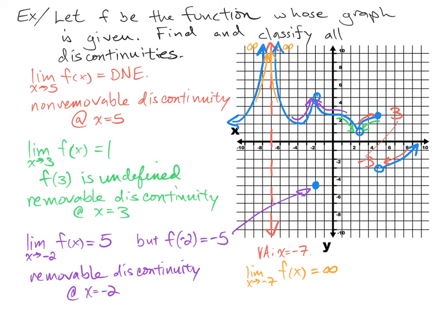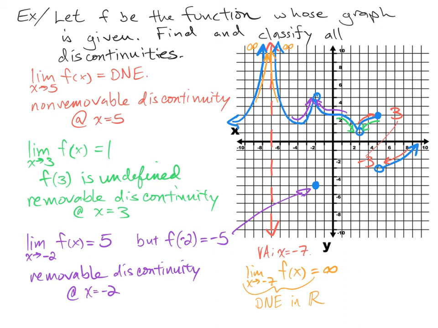And the definition of does not exist pertains to the limit not existing as a real number. Infinity is not a real number. Infinity isn't even a number. It just keeps growing and growing and growing. So the limit as x approaches -7 of f of x equaling infinity means this limit does not exist in the real numbers.